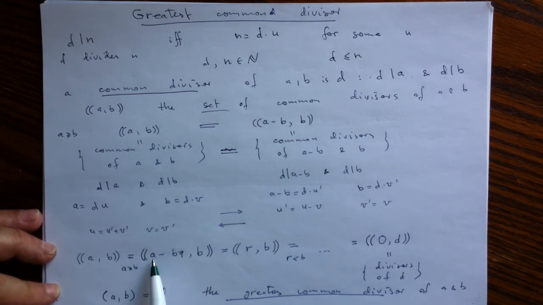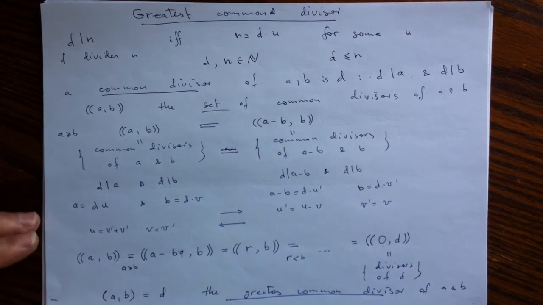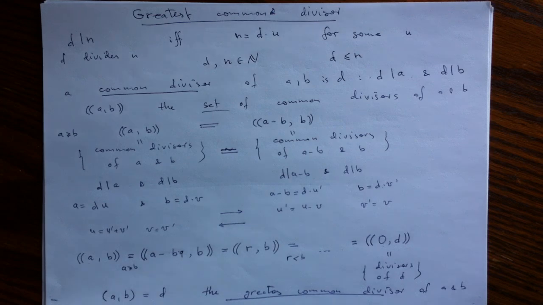Take a pair and then reduce the larger by the smaller using Euclid's division, replace by a remainder, and continue until you end up with a pair 0 and something. So in the next video we will implement it with a concrete pair of numbers and even do something more with it. Stay tuned.